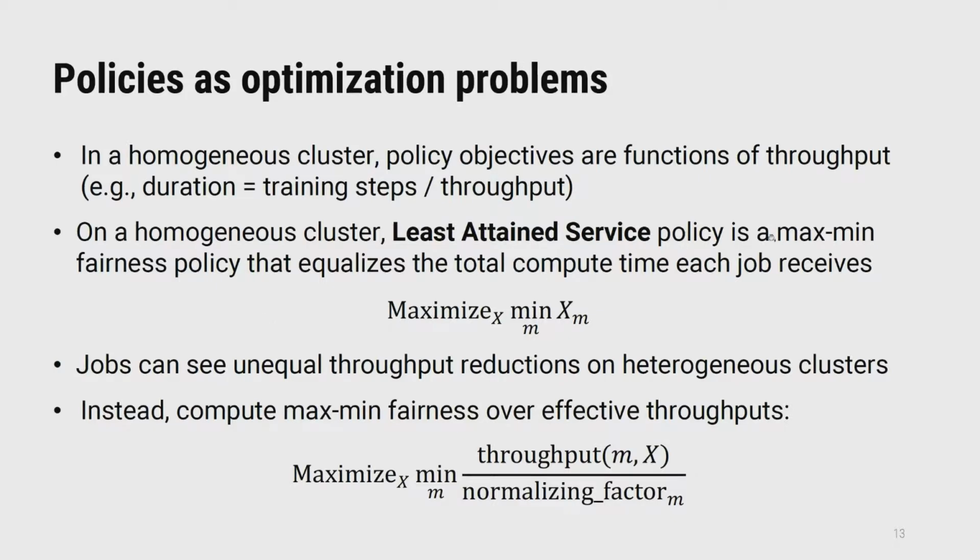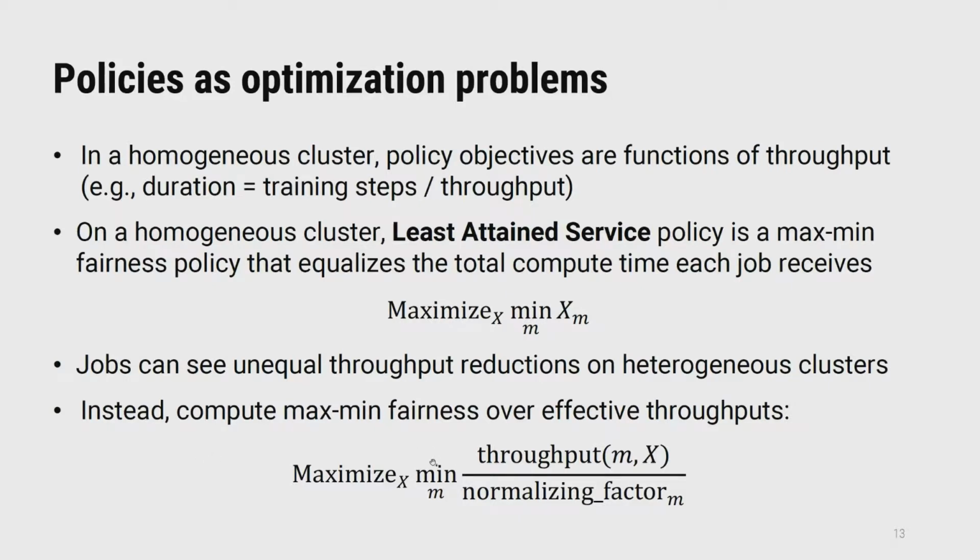The least attained service, the maximum fairness policy, is basically calculating this. For all the X allocations that I have, I want to maximize the minimum value of the throughput of the allocation.